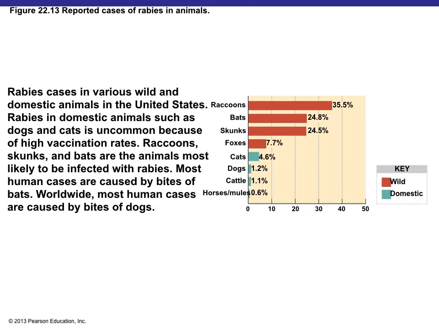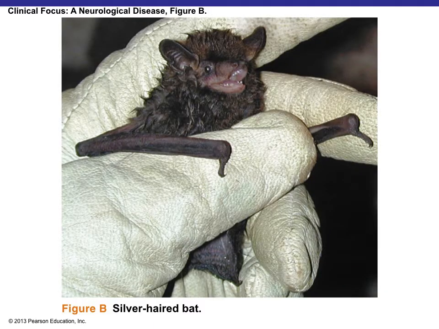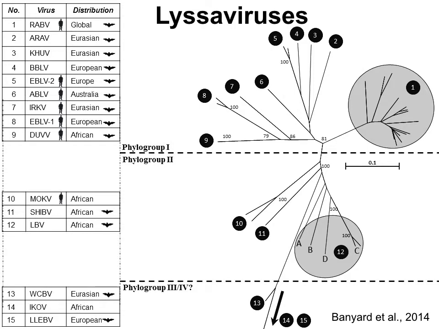Now, most human cases are caused by bites of bats, again in the United States. But worldwide, most human cases of rabies are caused by bites of infected rabid dogs. This is a picture of a silver-haired bat, which may be a rabies carrier in the United States.